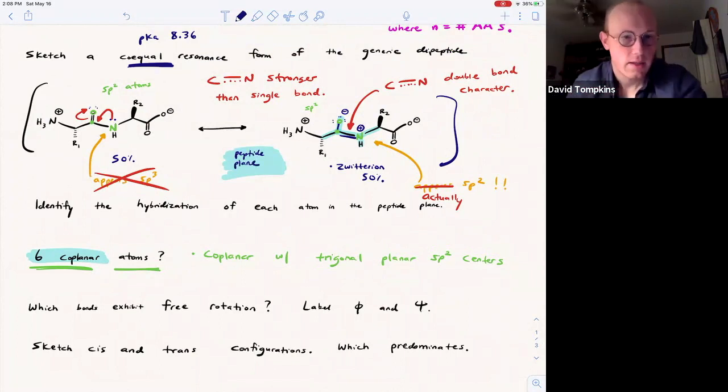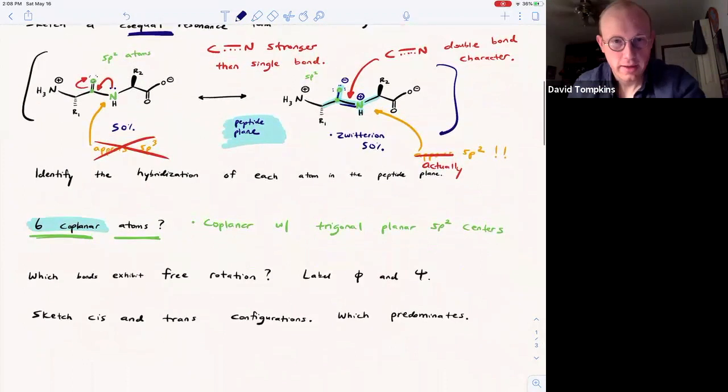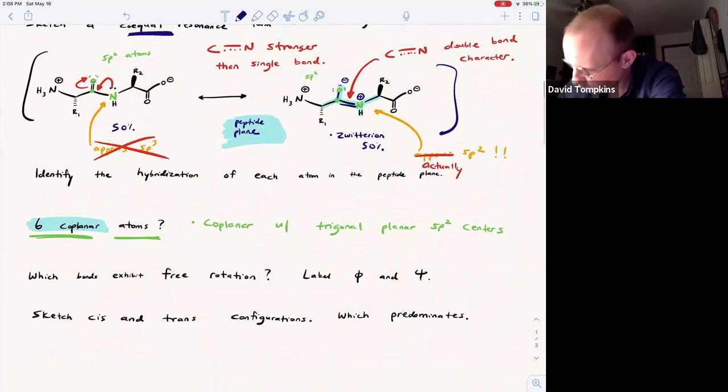Every peptide bond has 6 coplanar atoms, which means that 2 consecutive alpha carbons lie in the same plane, always.